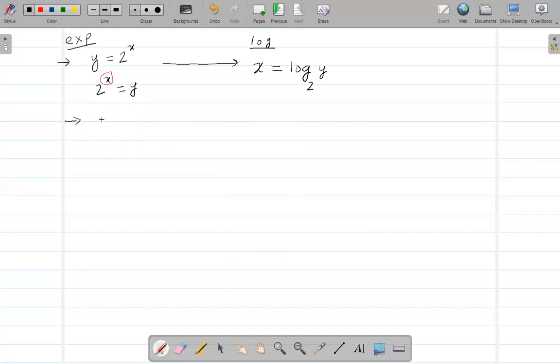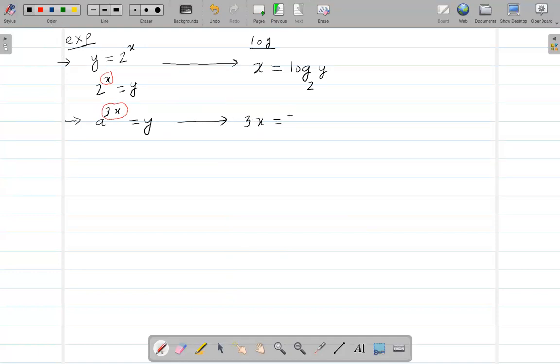Let's say we have the exponential function a to the power 3x equals y. If I change this to a log function, again whatever is in the power, in this case the whole thing 3x, is going to go to one side.